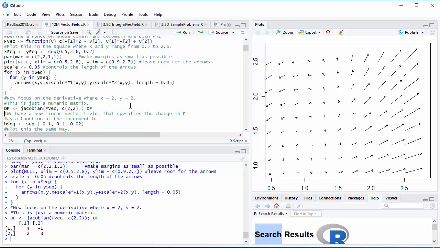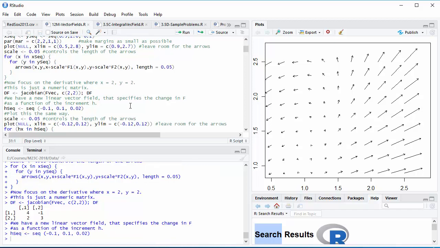Now what we have is a function that takes an increment vector called little h and specifies the change in the vector field f if we add that increment to the argument. And what I'm going to use is sequences that run from minus 0.1 to plus 0.1 every 0.02.